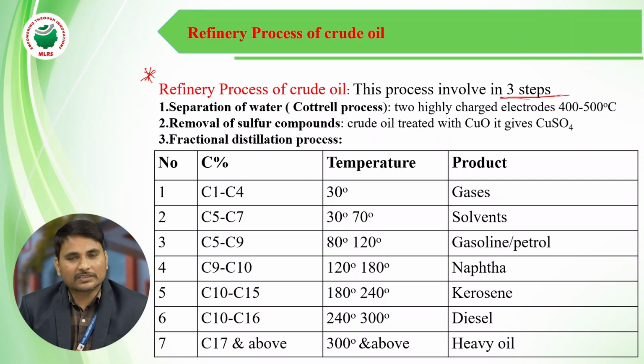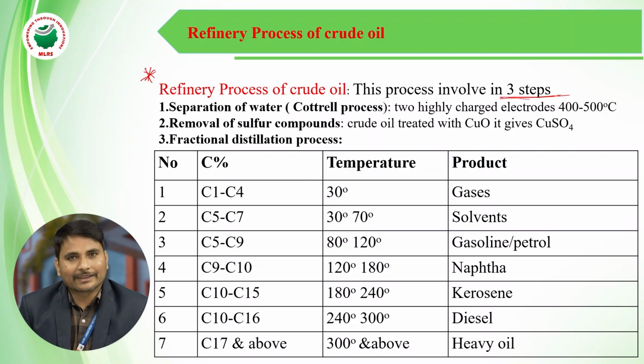The second step: when we extract petroleum from the earth's crust, it is mixed with water. Removing that water is essential to get a good calorific value. This removal is called the Cottrell process.